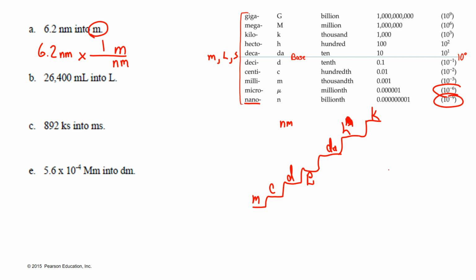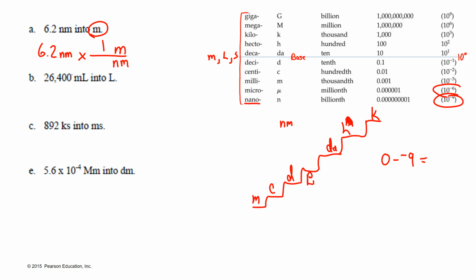So I'm just going to take the exponents and go 0 minus negative 9. If I do it this way, and I always put the larger one first, I should come out with a positive number in my answer. So what is 0 minus negative 9? 9.